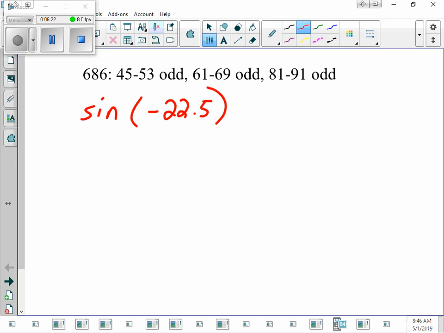Not 45, negative 45. So this is equal to the sine of negative 45 over 2. Now, is negative 45 on my unit circle? Yes, but it's not labeled as negative 45. What is it labeled as?